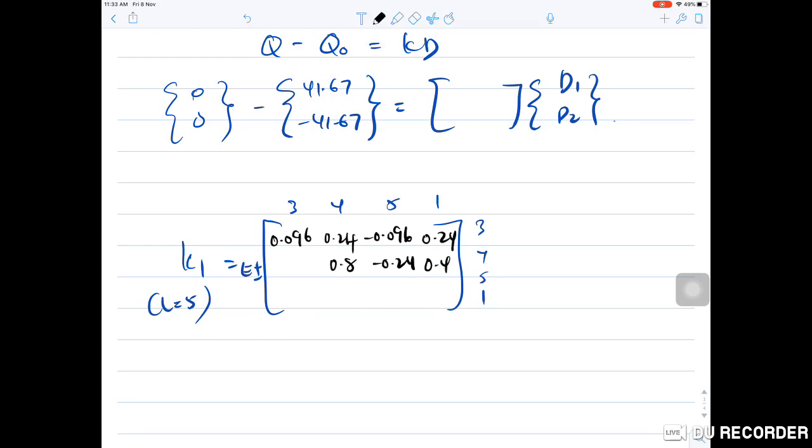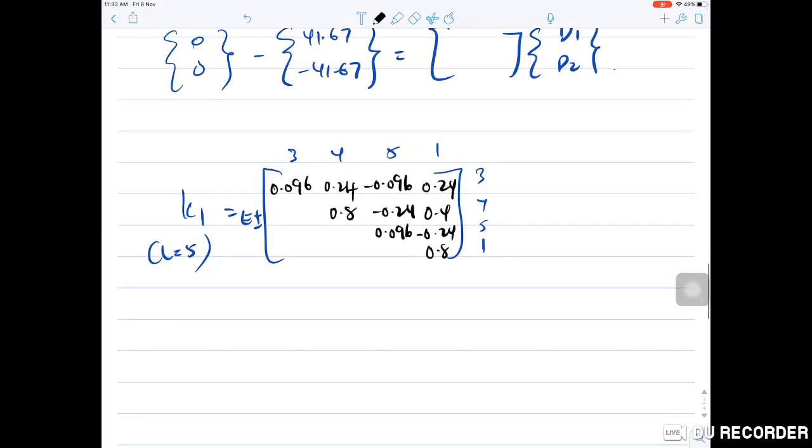Next, 12 divided by L cube is 0.096, then negative 0.24, and the last one, 4 divided by L, is 0.8. This is the stiffness matrix for the element.